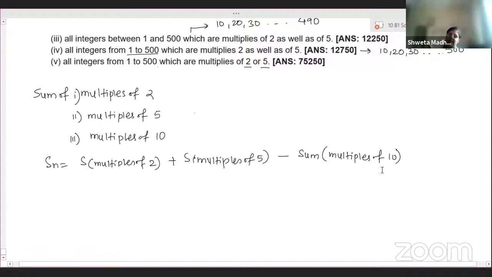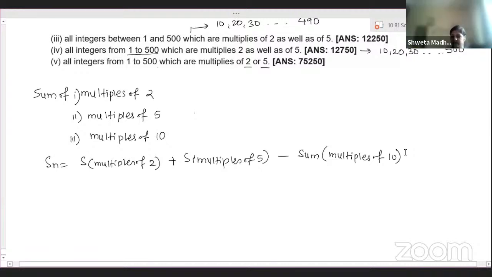Then in multiples of 2, all the multiples of 10 you have counted. And even the same numbers are counted in multiples of 5 also. That means 10, 20, 30, 40, 50 till 500, you have added 2 times. So 1 time you need to subtract. So we have to find the multiples of 10 and 1 time subtract. Okay. Yes.